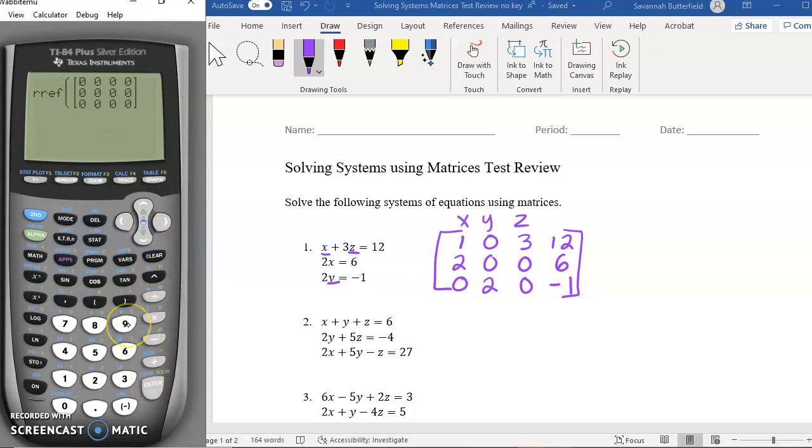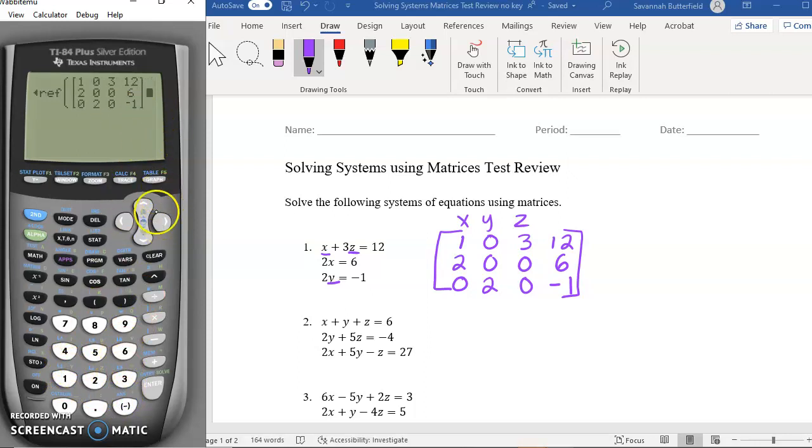And then I'm just going to start typing in my numbers. So 1, we leave that as 0, 3, 12, and then 2, and those 2 stay zeros, 6. We had a 2 here, and then lastly a -1.